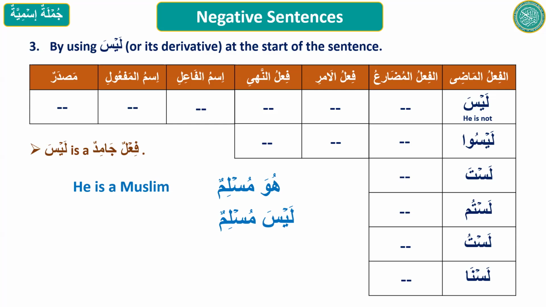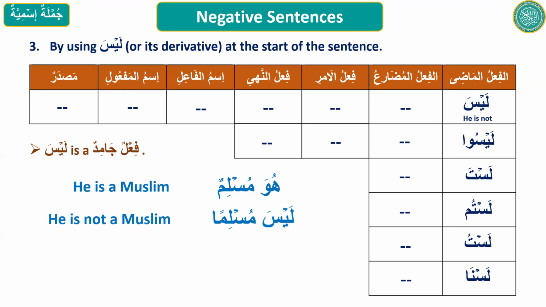Muslim is not, because laysa's inside doer is he, and the Muslim will become the outside doer. And the translation will be Muslim is not, which is not what I'm trying to say here. I want to say he is not a Muslim. So Muslimun has to change to Musliman. Similar to ma. And now it means he is not a Muslim.